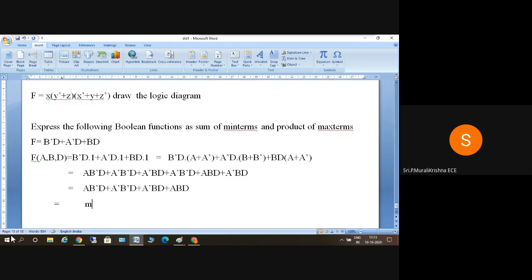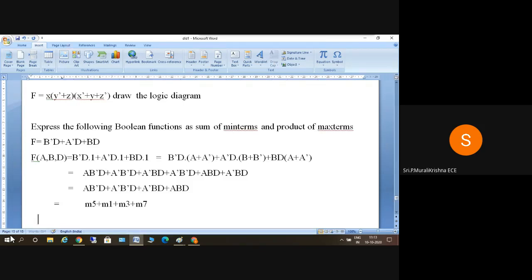So 101 is M5, plus 001 is M1. And this is A bar BD: A bar is 0, B is 1 and D is 1, so 011 is M3, and ABD is 111, that is M7. So these are the min terms here.